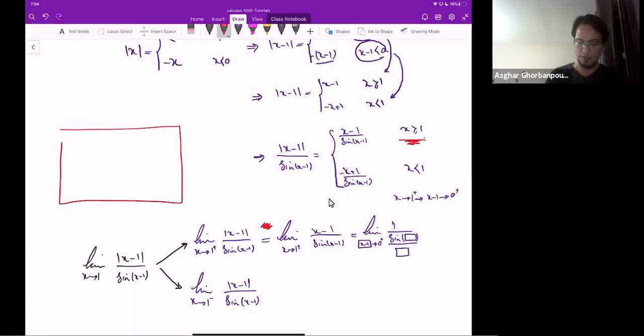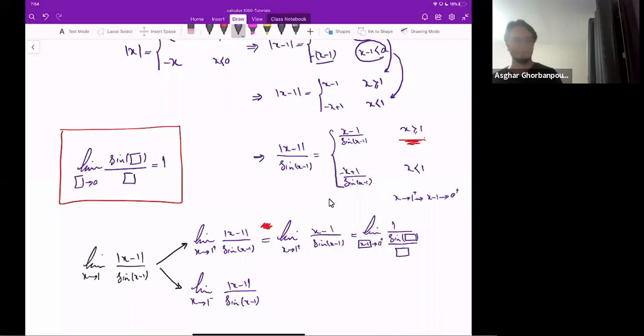That is one of the very important facts for our course. The limit of sine of something over the same thing, when that something goes to 0, is equal to 1. And here, what you see is 1 over 1, which is 1.